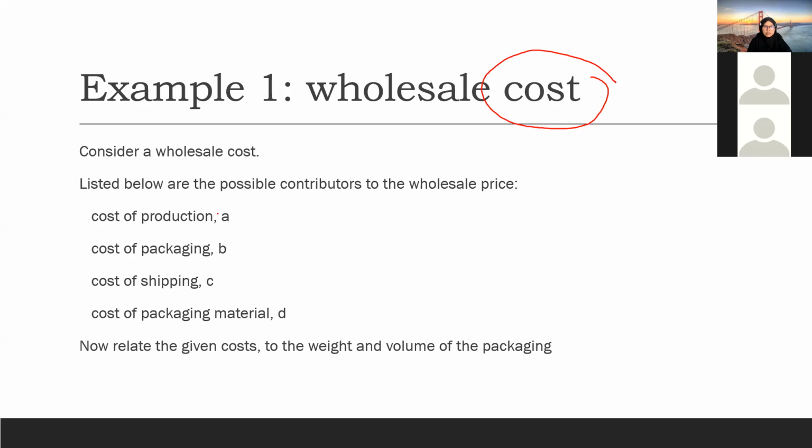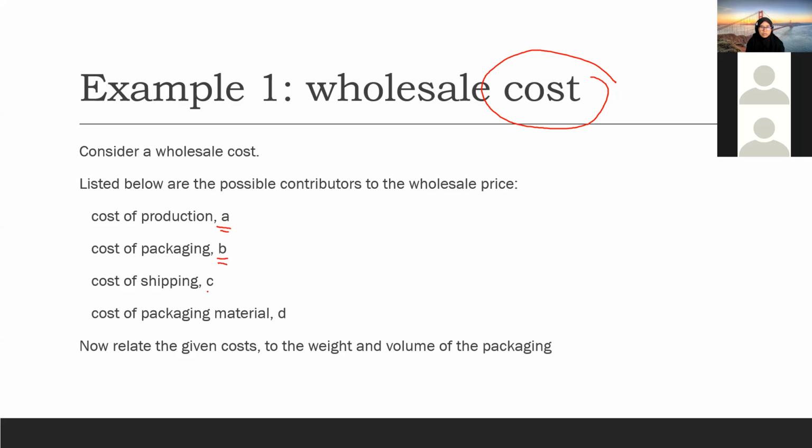Number one, the cost of production, you call it as A. You produce something. And of course, you want to send your product to somewhere else. So you cannot just give it just like that. You need to put it in some package or something.